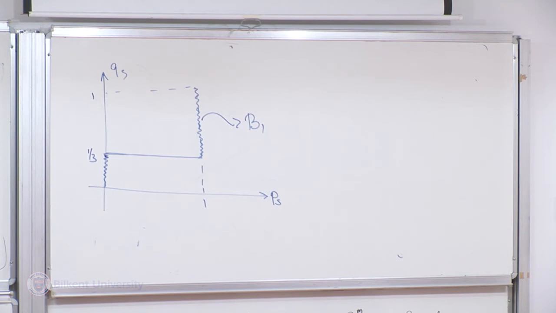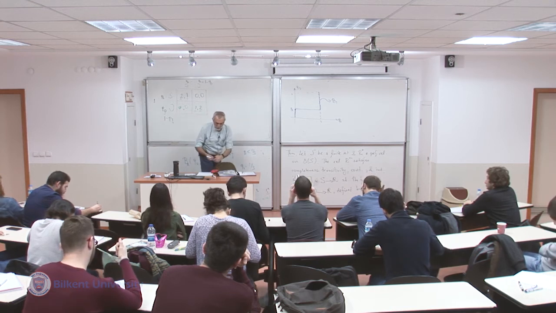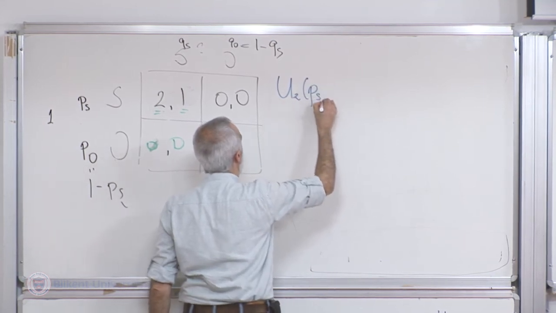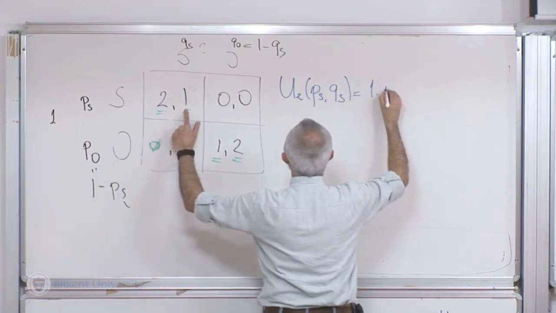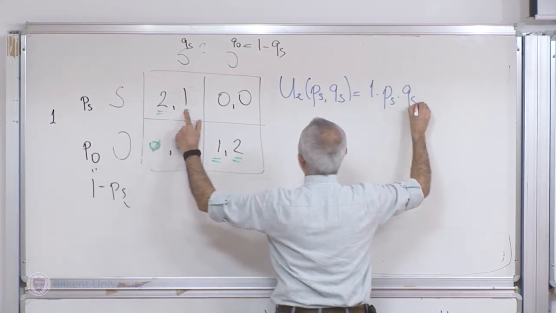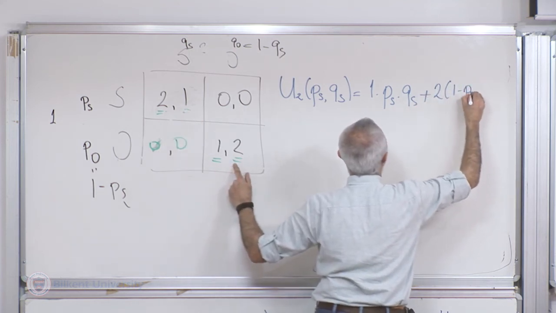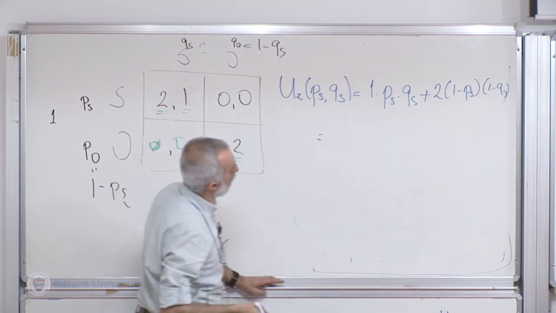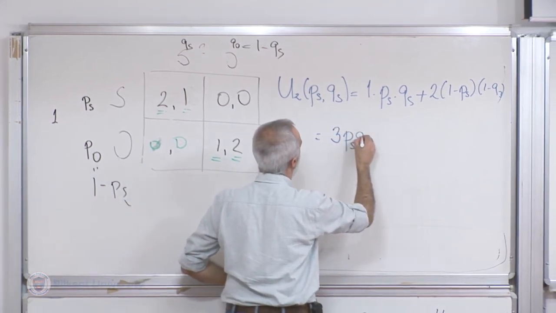Okay. Well, this time, let's do the mathematics just for the sake of completeness. So let's write U2 of PS, QS. So this time it's going to be 1 times PS times QS plus 2 times 1 minus PS, 1 minus QS. So that's going to be giving us 3 times PSQS, right?